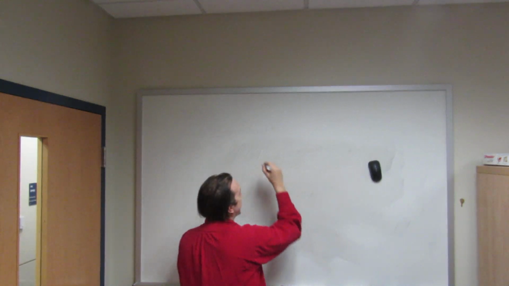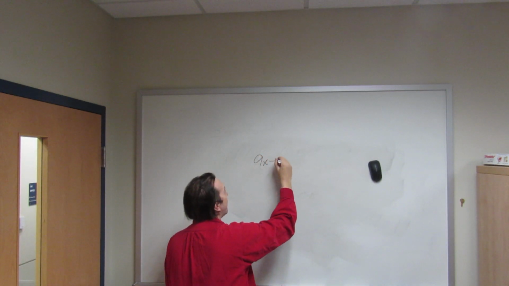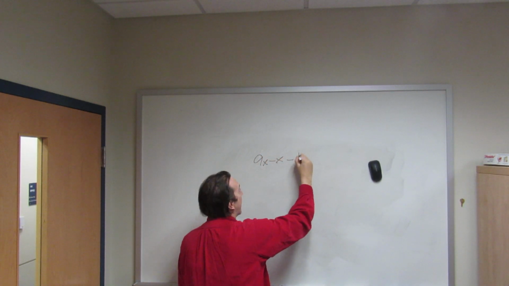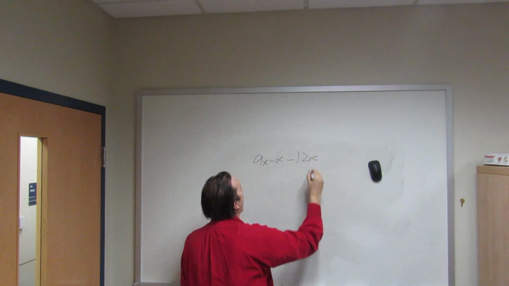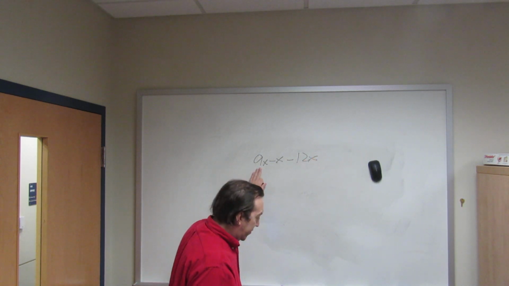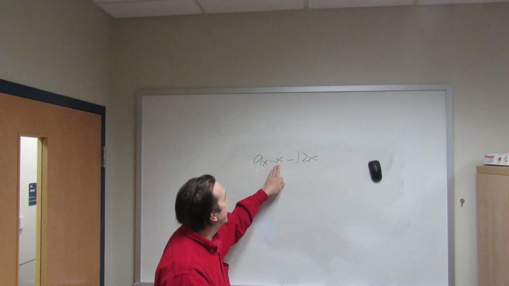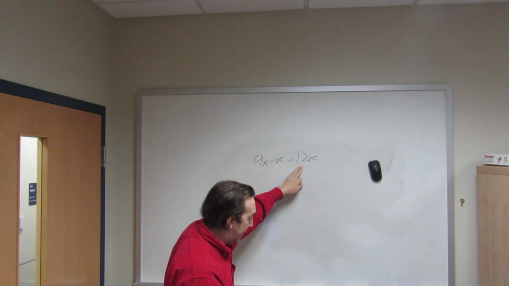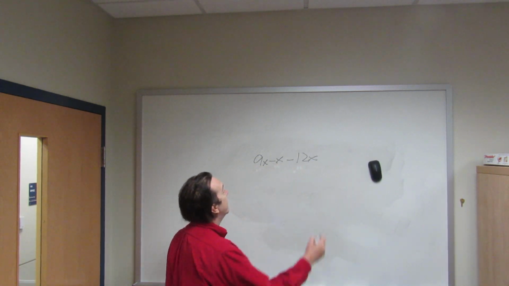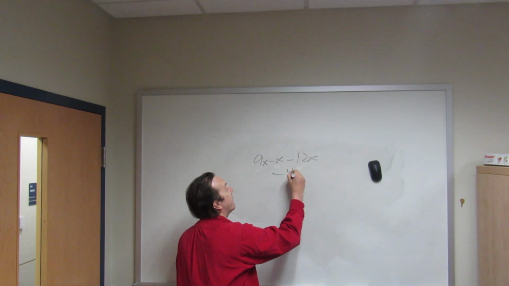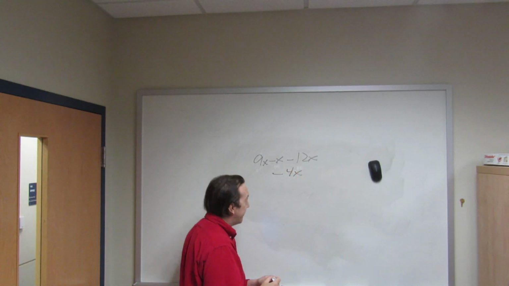Okay, then if we just have something simple, 9x minus x minus 12x. So 9 minus 1 is 8, minus 12 is negative 4x.